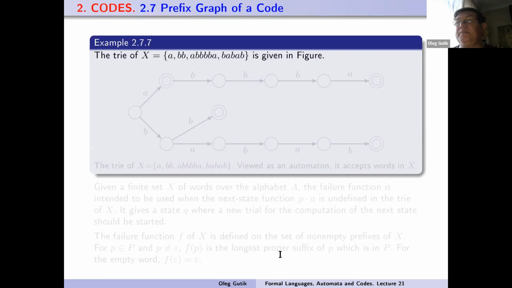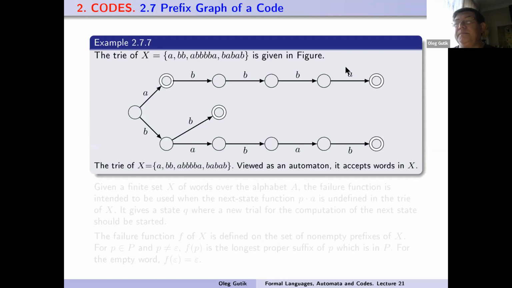Example: the trie of the set X, which consists of a, bb, abb, bbbb, ababab, is given in the following figure.